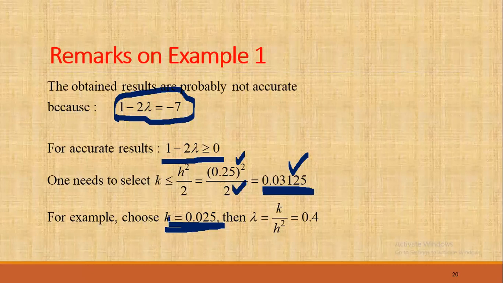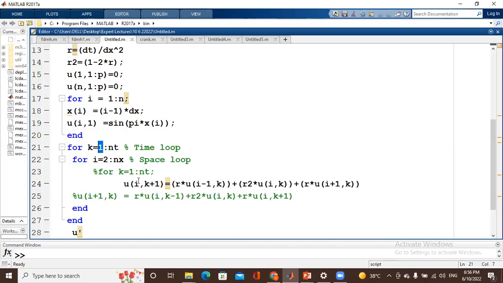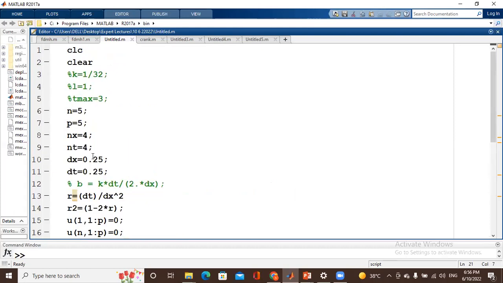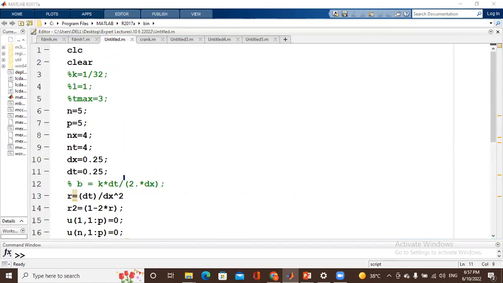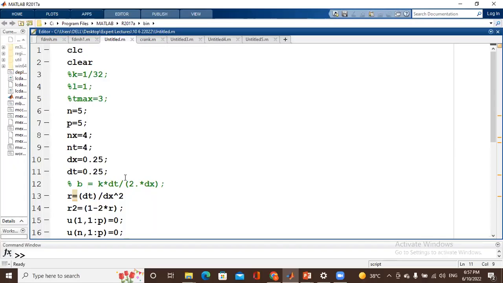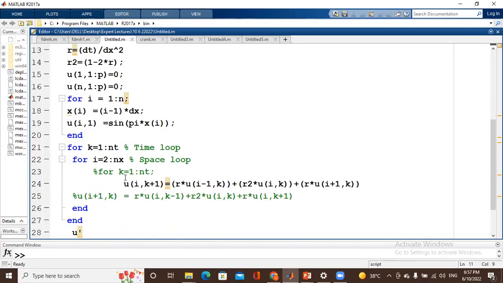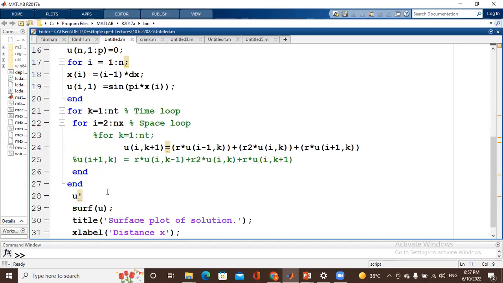So now we discuss the program. Here we consider h is 0.25 and k is also 0.25. So our 1 minus 2 lambda gives minus 7, and the solution will not be accurate. We will check. Now we run this program.